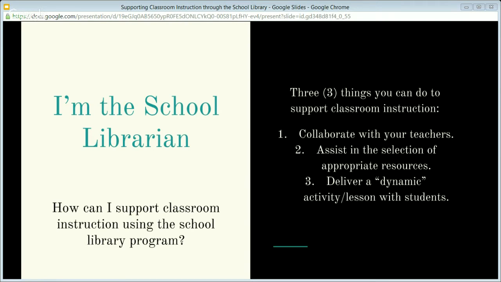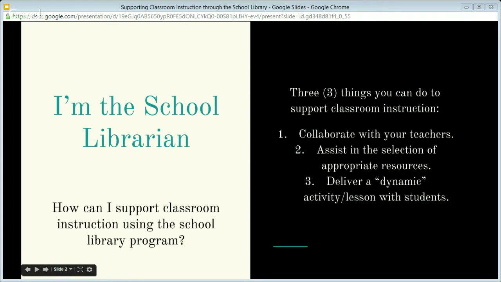So, I'm going to be touching on 3 points today, things that you can do to support classroom instruction. So I'll be talking about collaborating with your teachers, also assisting in the selection of appropriate resources, and then also make sure that you are always delivering a dynamic activity or lesson that you are able to do with your students.